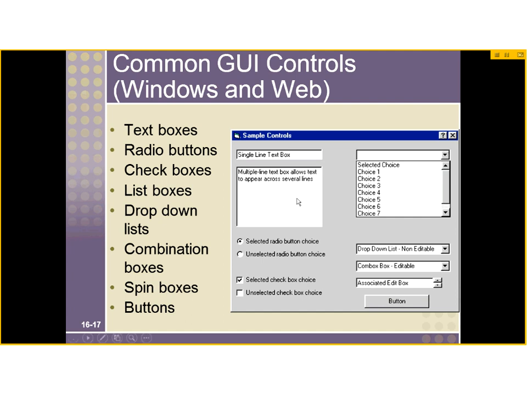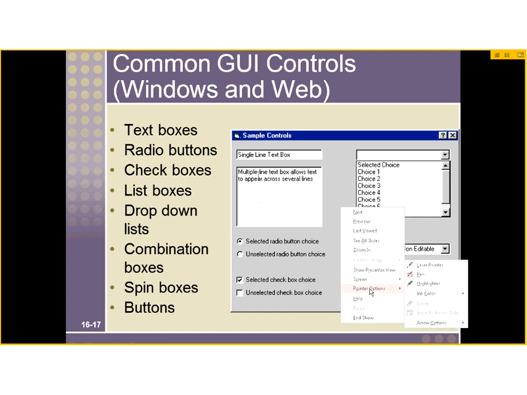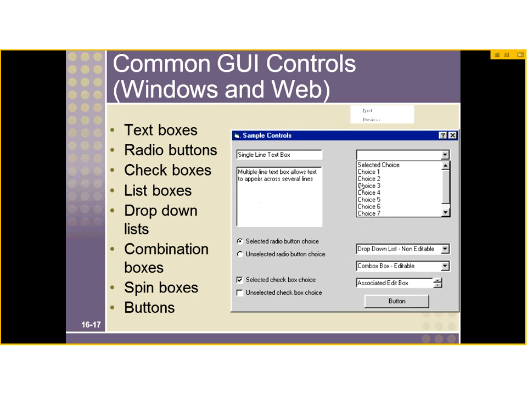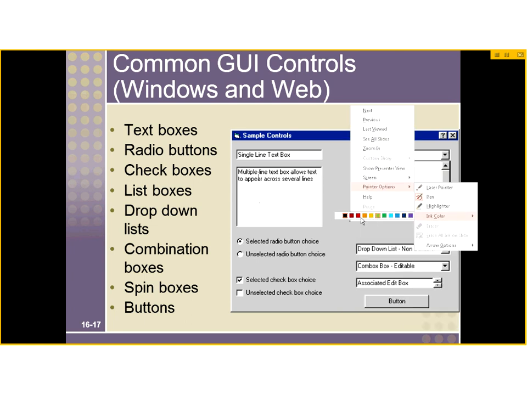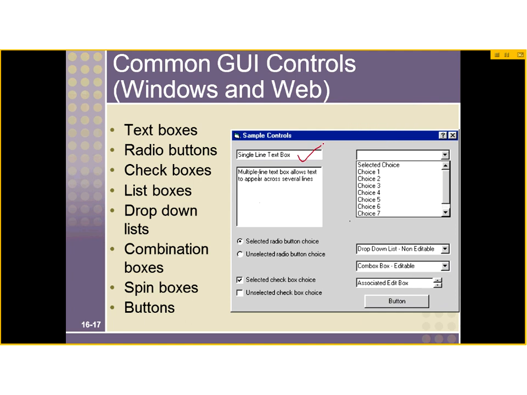So, the text box is used when we cannot predict the values. When we have unlimited values, then we use a text box. If we have a large amount of text to be typed, then we may use a multi-line text box.